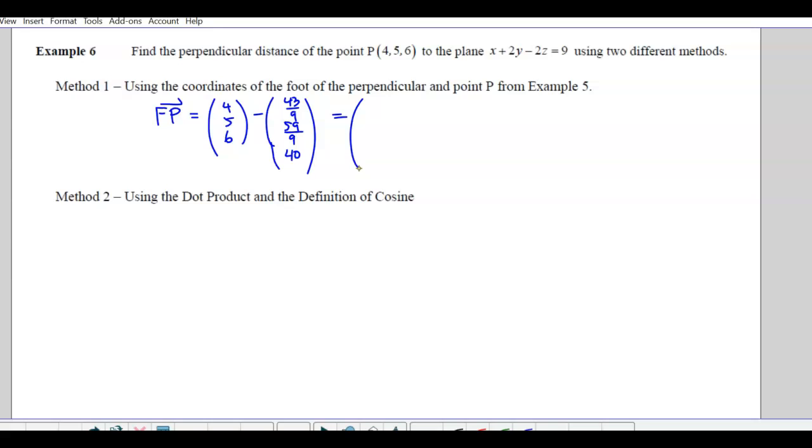Common denominators again, right? 36 minus 43 is negative 7 ninths. 45 minus 59 is negative 14 ninths. And then 54 minus 40 is 14 ninths.